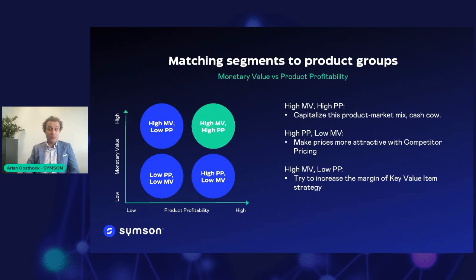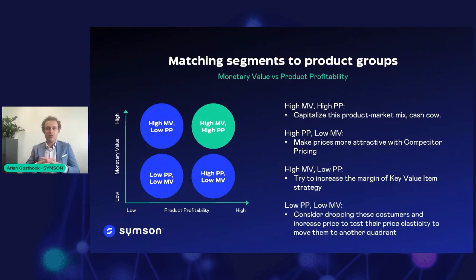So what we could do here is to consider a key value item pricing strategy, where we analyze what kind of products are related to each other, and how we can promote these related products into the basket so that we increase the basket value in revenue and in margin.